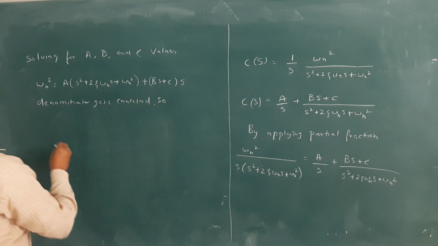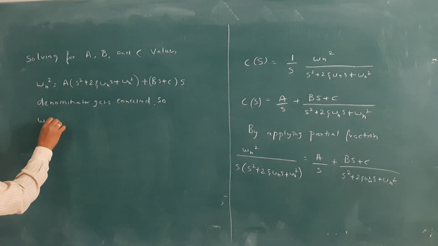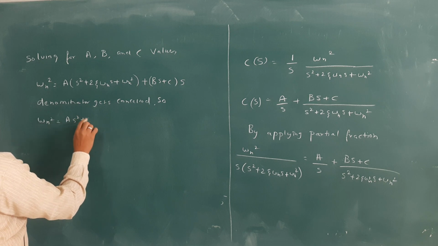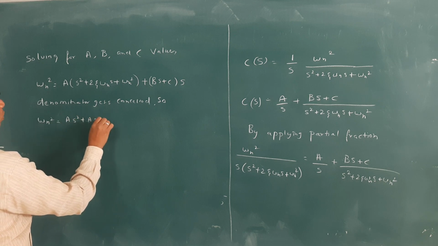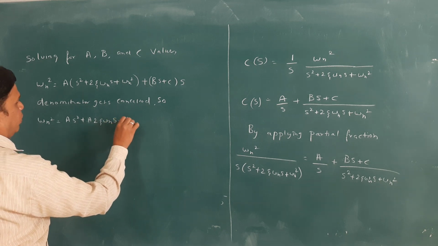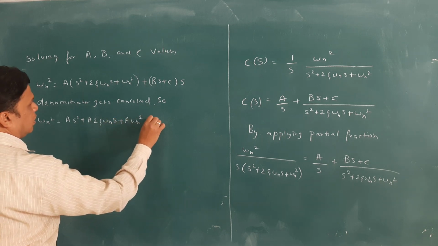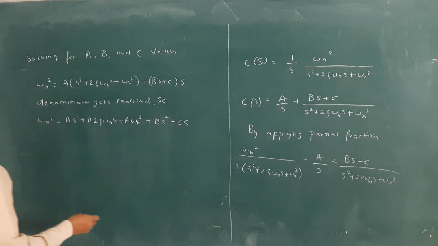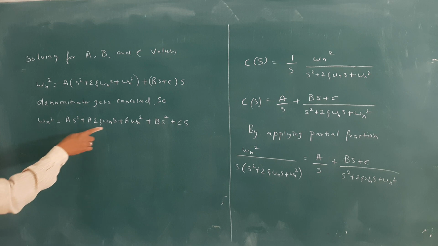So omega n square is equal to a(s square plus 2 zeta omega n s plus omega n square) plus bs square plus cs. If you see here, you can compare the omega n square coefficients.